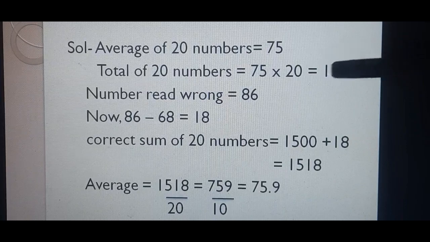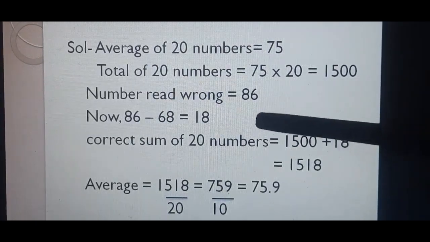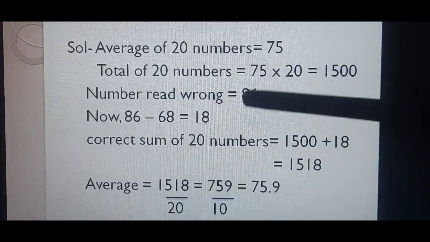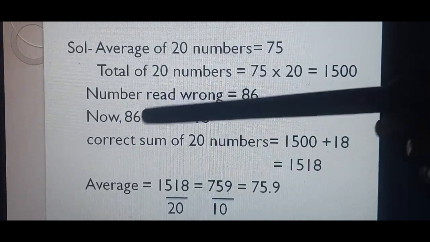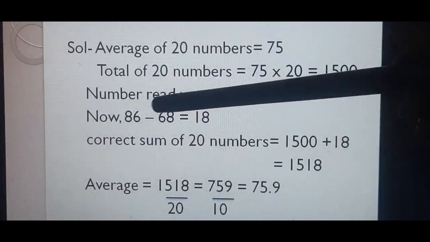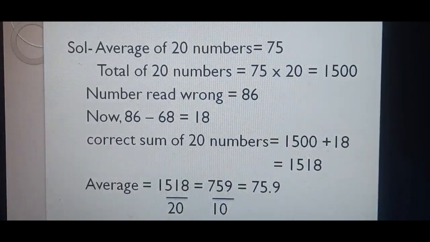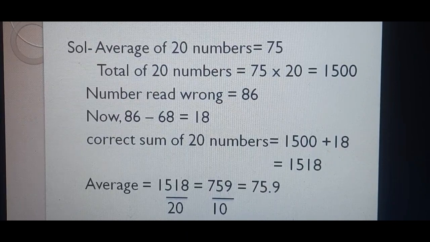So it is 1500. नंबर रेड रॉन्ग. कौन सा नंबर गलत पड़ गया? That is 86. क्या रीड कर लिया हमने इसको? That is 68. Now 86 minus 68, the difference is 18. यानी कि जो हमने एवरेज निकाला है उस एवरेज में 18 less हो गया.